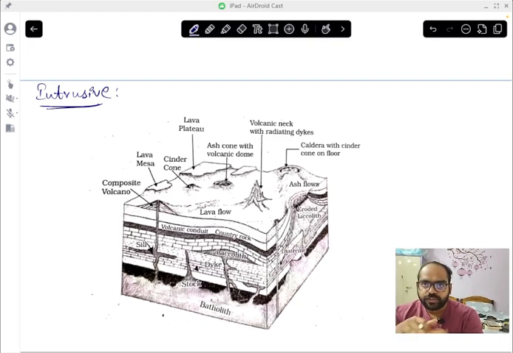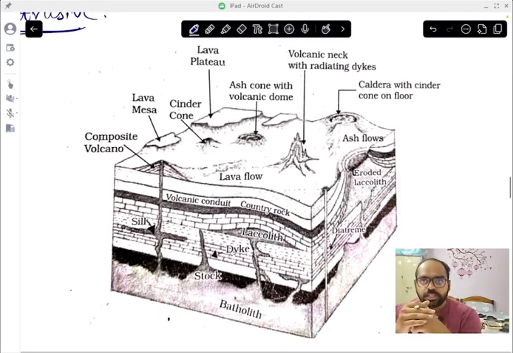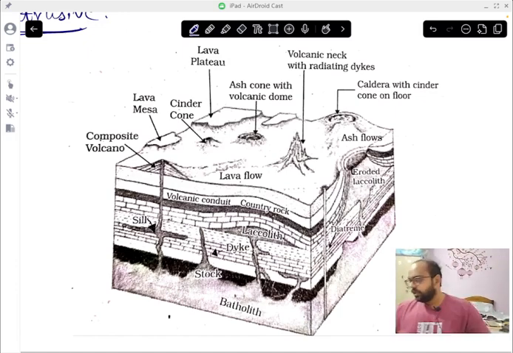If it solidifies inside the earth, we call it a plutonic rock. So whenever this lava solidifies inside the earth, it develops in different shapes inside the crust of the earth. We will learn about that.